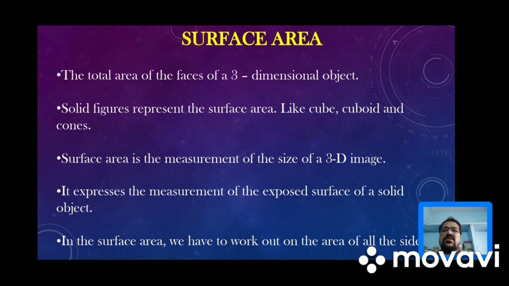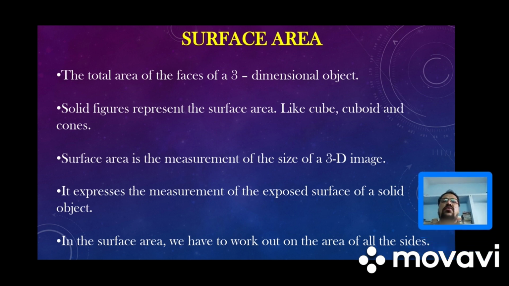Yes, we have seen that if you have a 3D image and you have to measure its size, then you use the word surface area. It expresses the measurement of the exposed surface of a solid object. Whatever is exposed outside, that surface we will measure. In surface area, we have to work out the area of all the sides.